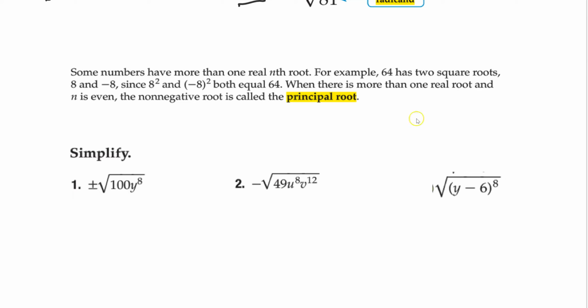Before we start, I'm going to go down to the bottom and give some space. Powers you should know.